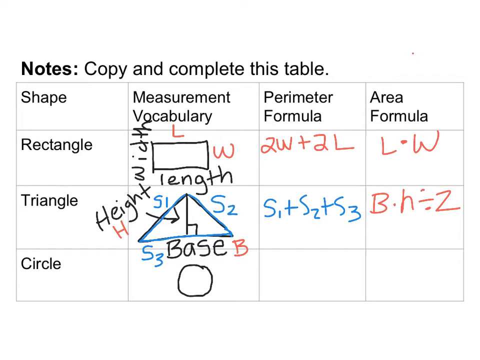Finally, on a circle, there are two main measurements we need to look at. First, you have the length from the center of a circle to the edge, and that is called the radius.